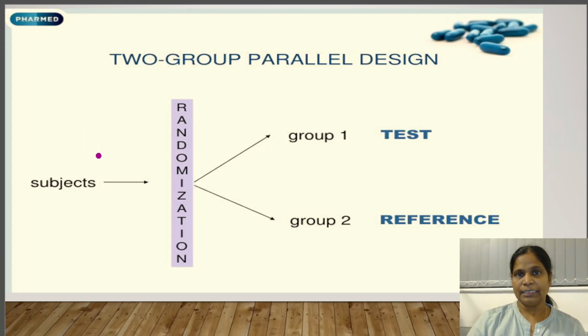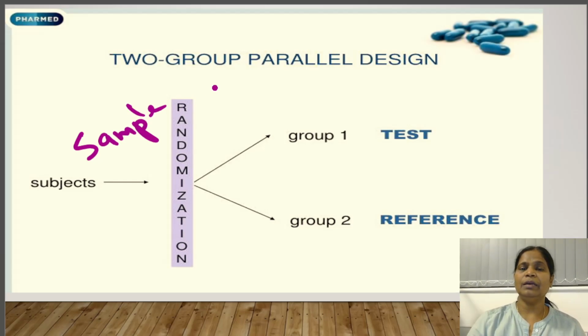Subjects are selected, a sample, maybe 50.